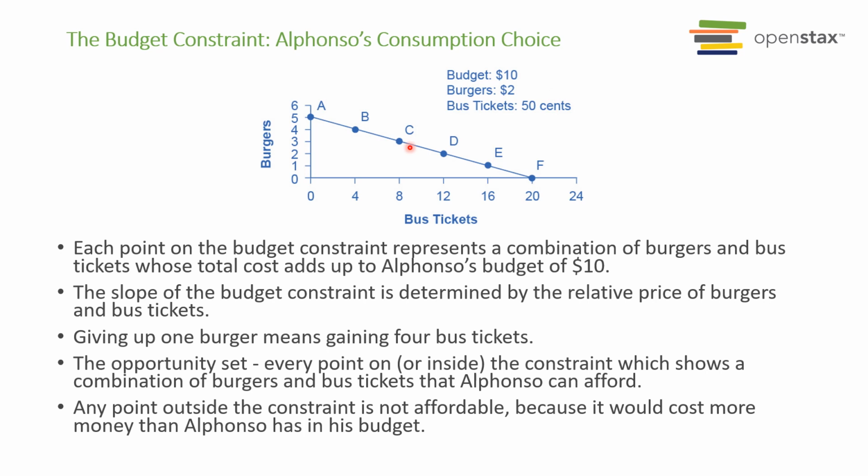The points A, B, C, D, E, F on the line represent different combinations this consumer can consume given his limited income of $10. Let's say at point C, he will be able to consume three burgers and 8 bus tickets. This is all the different opportunities, also known as the opportunity set and the budget constraint.